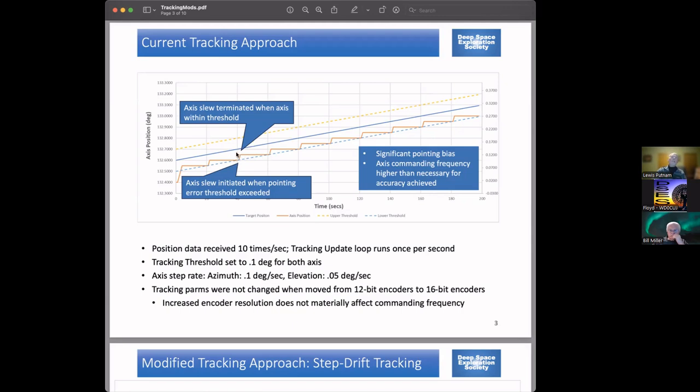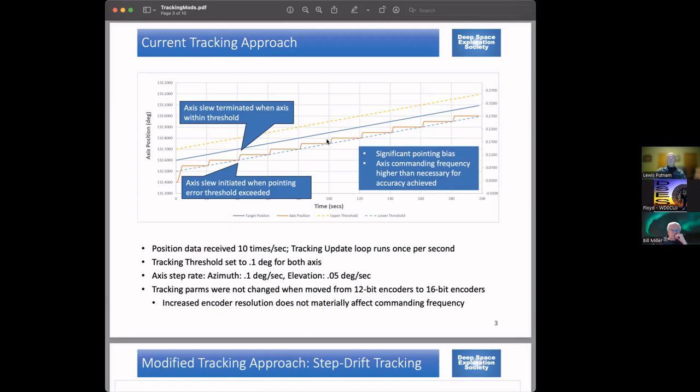You'll notice that the axis position basically never even gets to the object position, much less goes over to the other side of it. Then once it's inside, we set the rates back to 0 and go back into a drift mode. It'll drift until it hits threshold again. That cycle just repeats over and over.